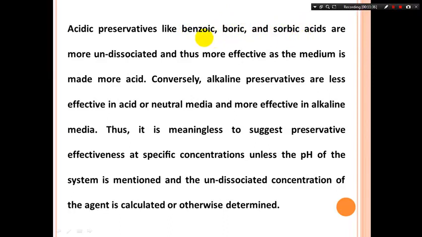These are acidic preservatives, and the undissociated form is more effective when the media is more acidic, while alkaline preservatives are more effective in alkaline media. Even if we choose a specific effective concentration of the preservative, if it is not undissociated at the pH of the prepared product, I will not benefit from it.